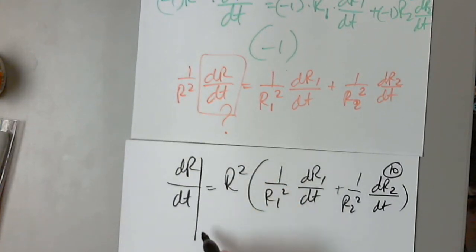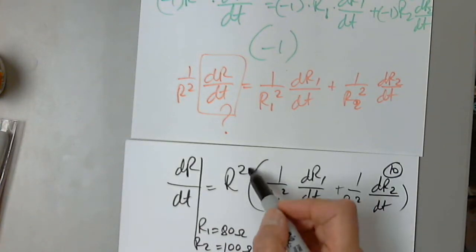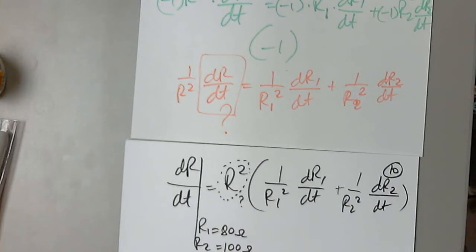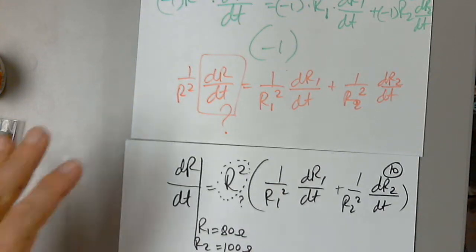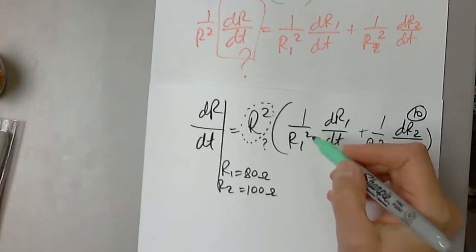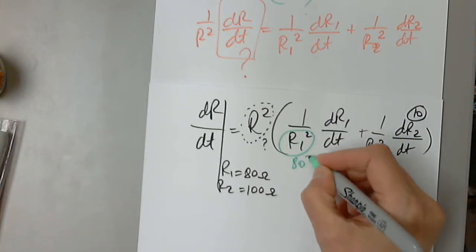And yes, now when R1 equals 80 and R2 equals 100, but I have one tiny problem here. I need to determine this when R1 is 80 and when R2 is 100, because the rest I have, right? I have this as being 80 squared.